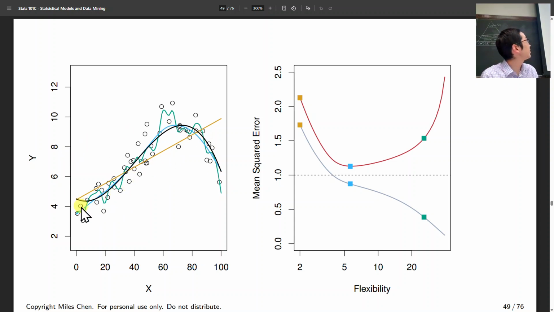And then meanwhile, you have this very flexible spline that's able to adapt to the ups and downs of our observed data. So this is our thing. And this gray represents our training mean squared error.